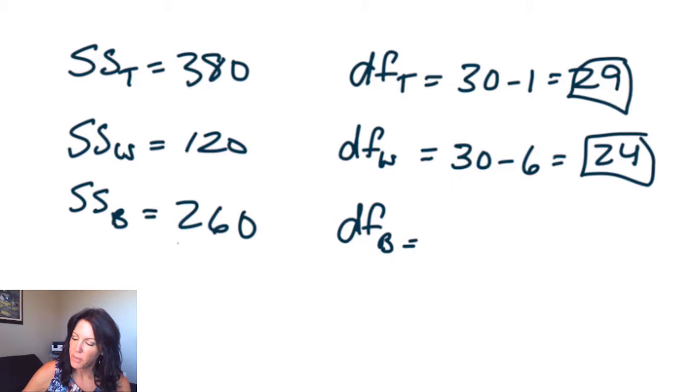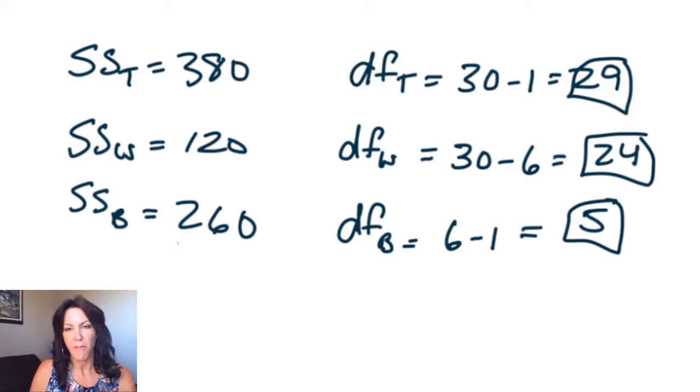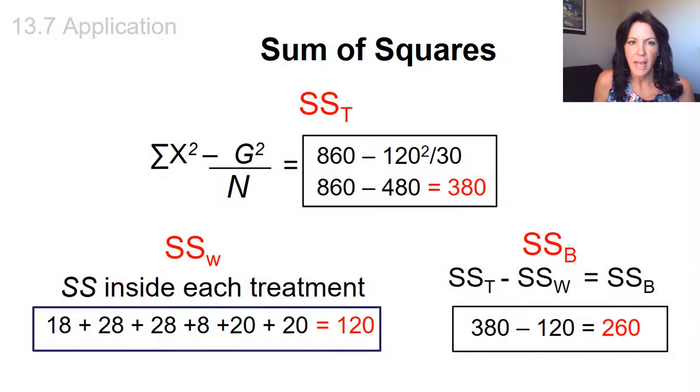I happen to know that between and within have to add up to 29, so I know it's going to be 5, but it's the number of conditions minus 1, so for degrees of freedom between we have 5. So let's put this all on the chart. As a reminder, this is how we found our sums of squares total. This is how we found the sums of squares inside each treatment.